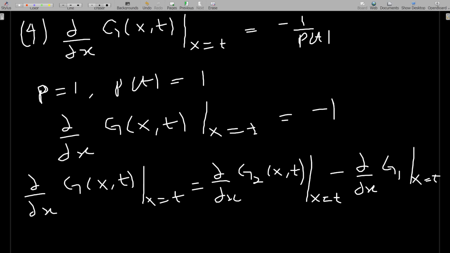So let me add a page and write them. g2 of x,t is equal to a2 cos x plus b2 sin x.